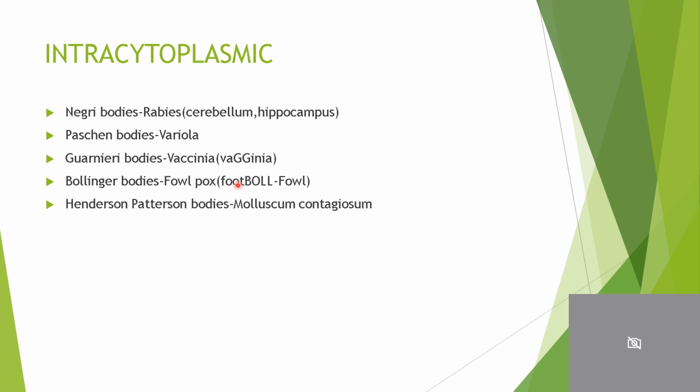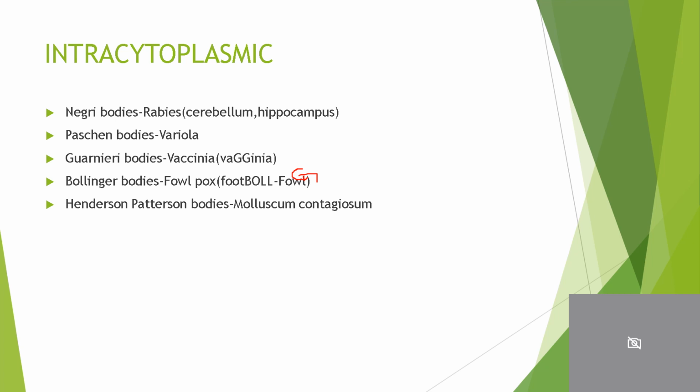You can remember it by, now if you see here vaccinia, if you write it like this, you can make C into G. Okay, so this is how you can remember. Vaccinia has Guarnieri bodies. Then is Bollinger bodies, bowled. Okay, so you can remember it by fowl. Then is your Henderson Patterson bodies.